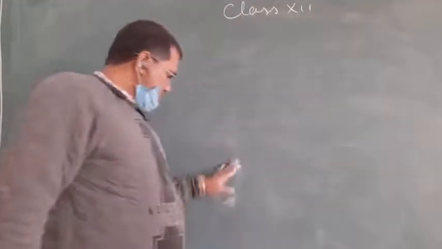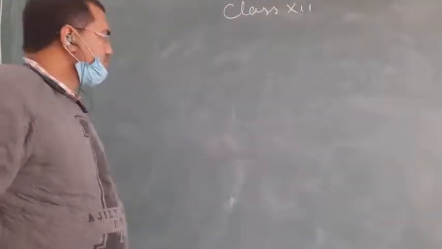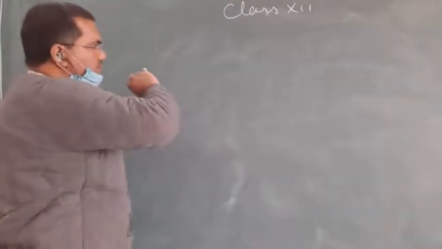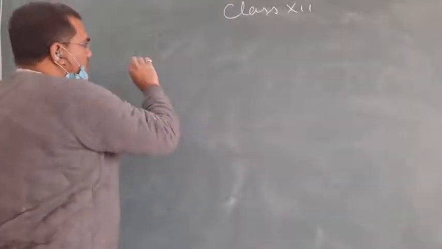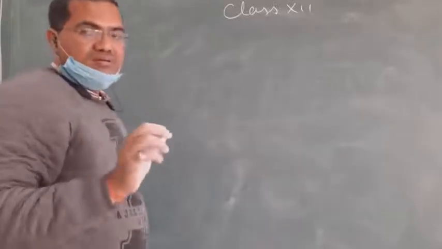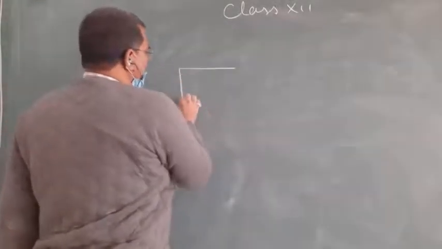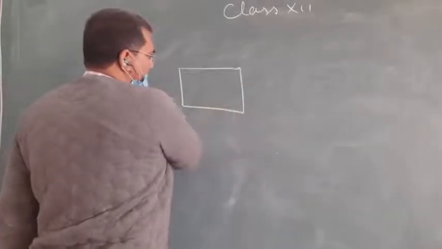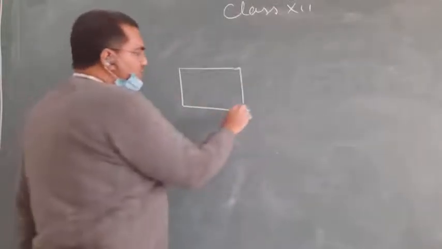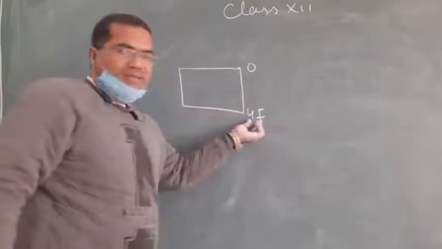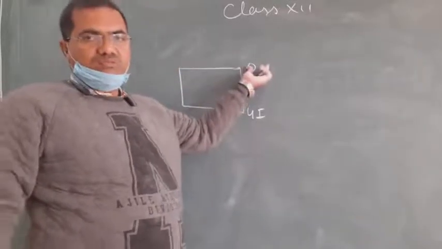So we take some numericals. Actually, in the fringe pattern, the fringes vary from 4I to 0. Maximum intensity to 0.